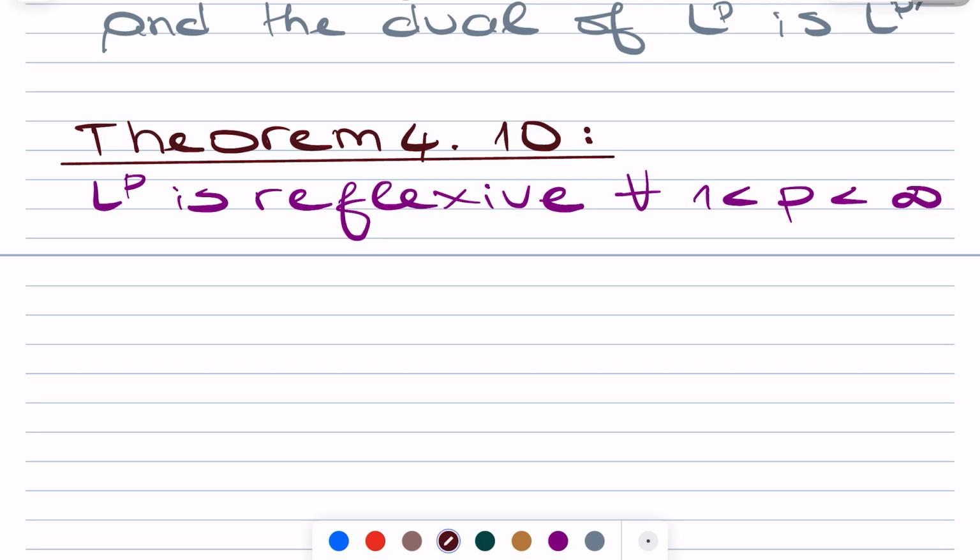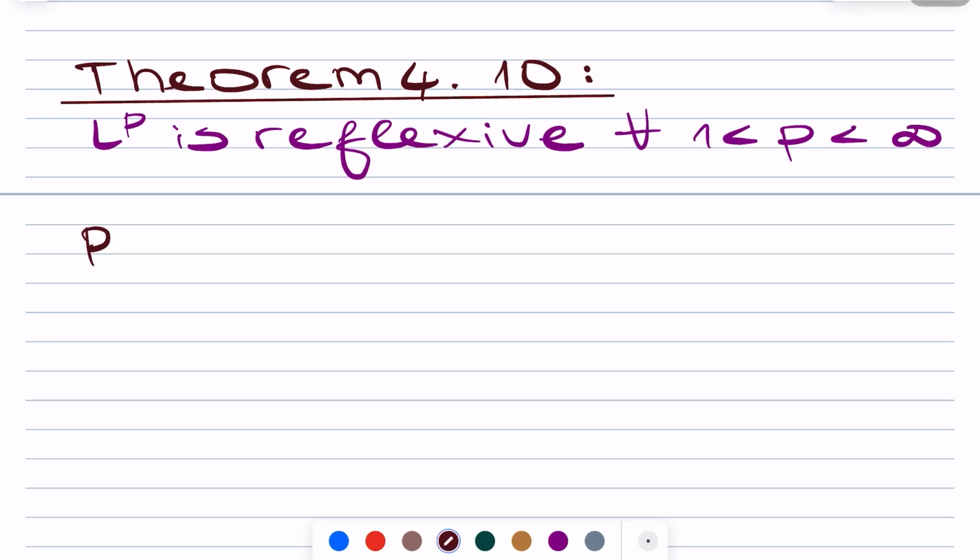Proof: the proof consists of 3 steps. The main idea of the proof is to show that LP spaces are uniformly convex, and then via the Milman-Pettis theorem conclude that LP spaces are reflexive.